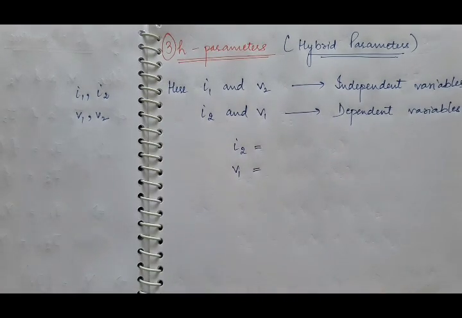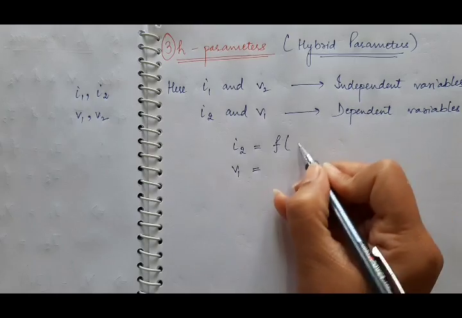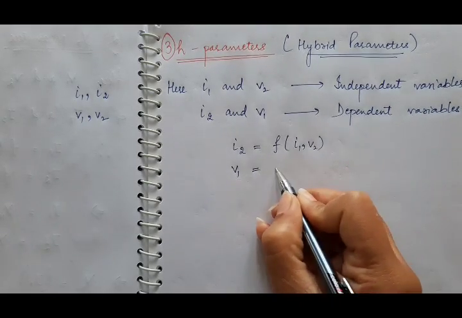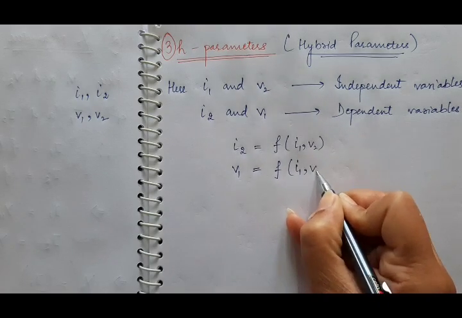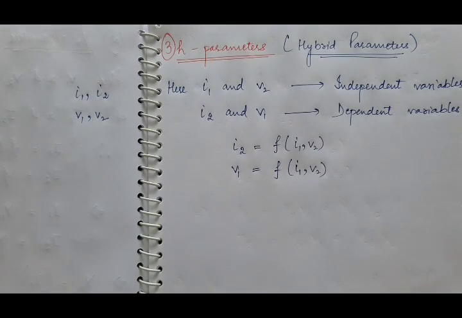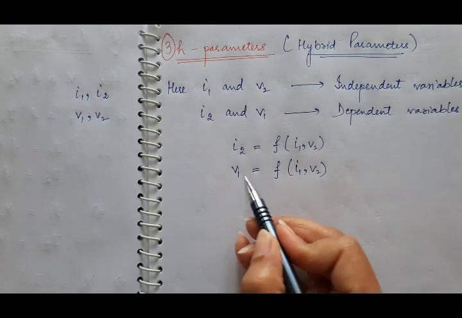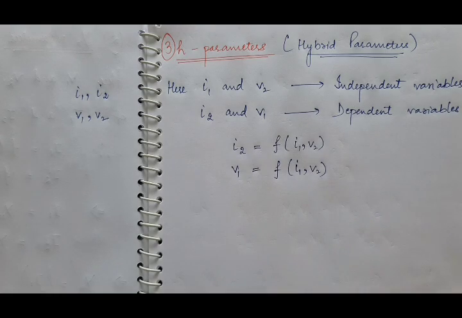They will be functions of the independent variables, which are I1 and V2. You can write V1 as a function of I1 and V2. This implies I2 will be a linear combination of these two, and V1 will also be a linear combination of these two.